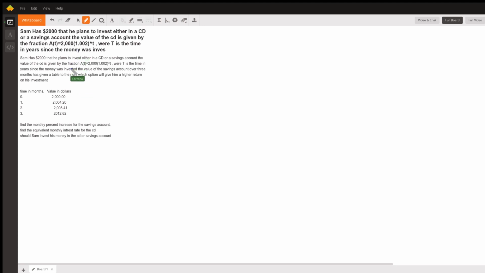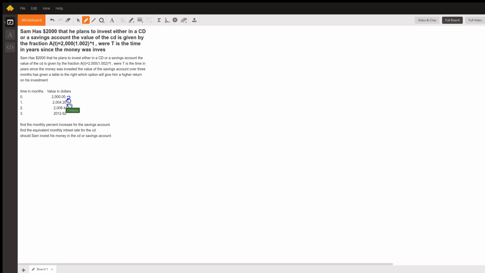And how can we do that? Well, considering the fact that they have already given us the values for the month, we can simply divide each subsequent term by the one before it. Remember, this monthly percent increase is an exponential type of function.